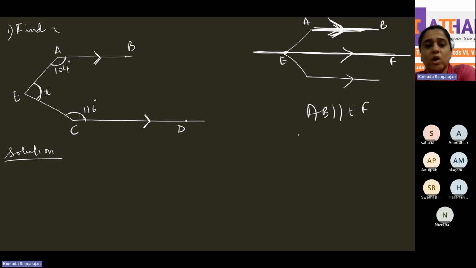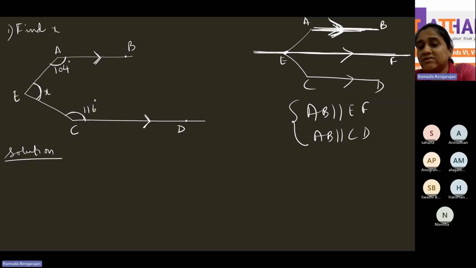But we already have AB parallel to CD, correct? AB is parallel to EF by construction. But AB is parallel to CD, given in the question. So when you compare these two, there is a theorem which says two lines parallel to the same line are parallel to one another.